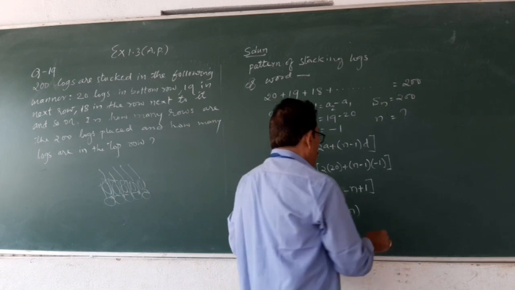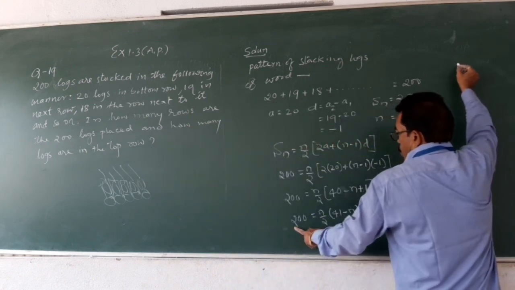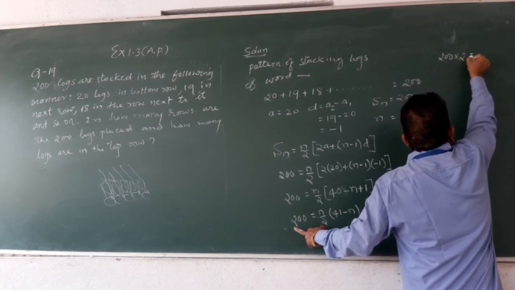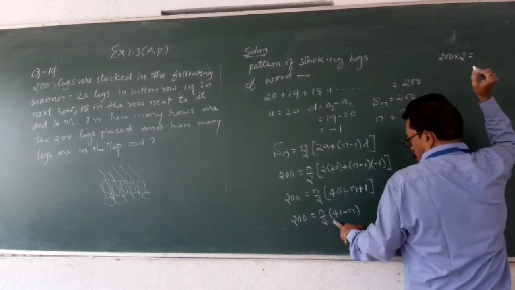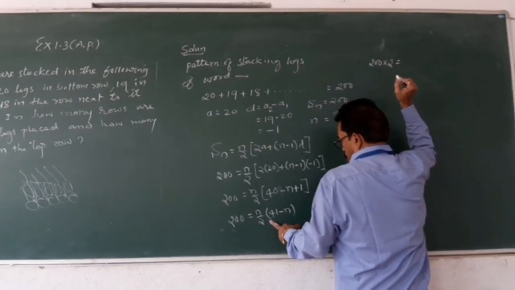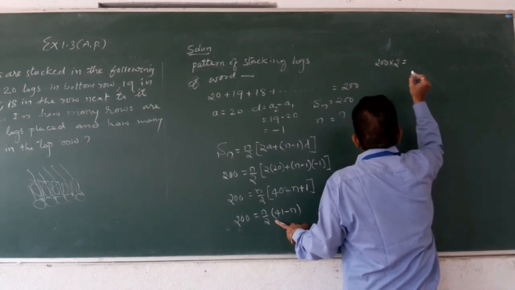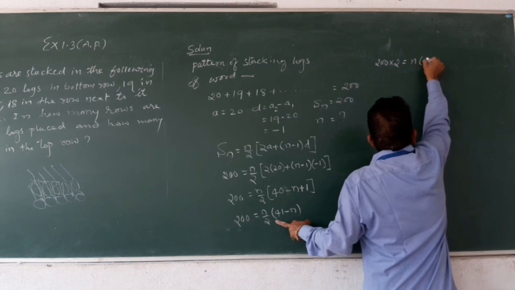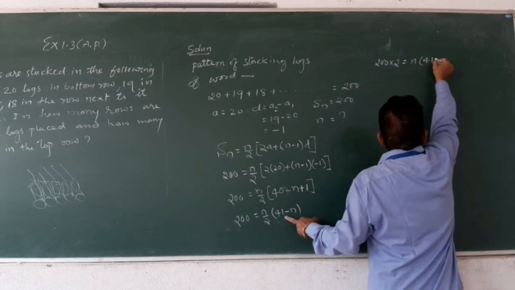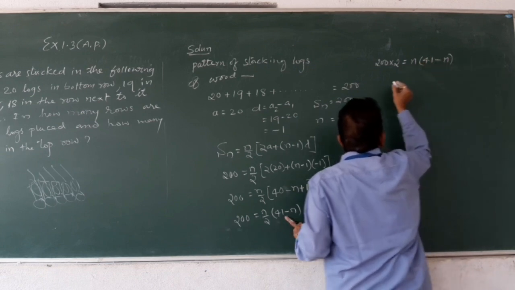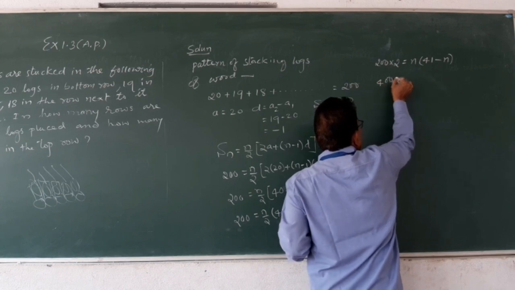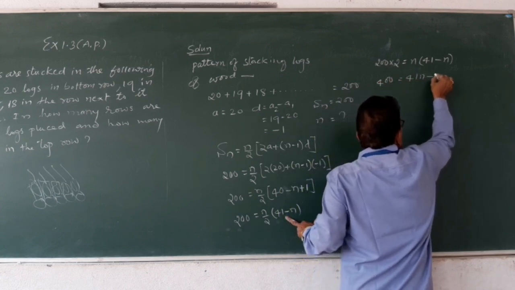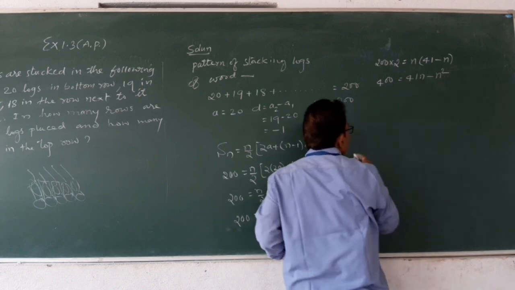So 200 into 2 equals n in the bracket 41 minus n. So 400 equals 41n minus n square.